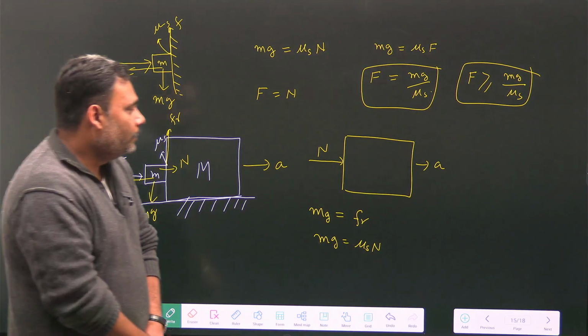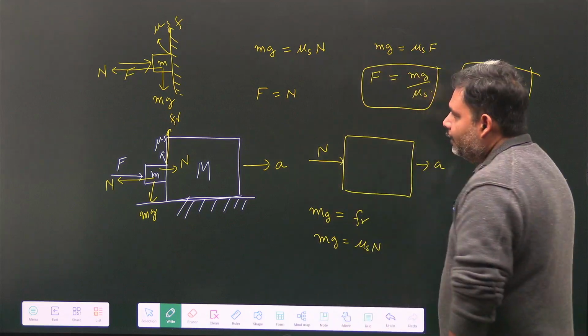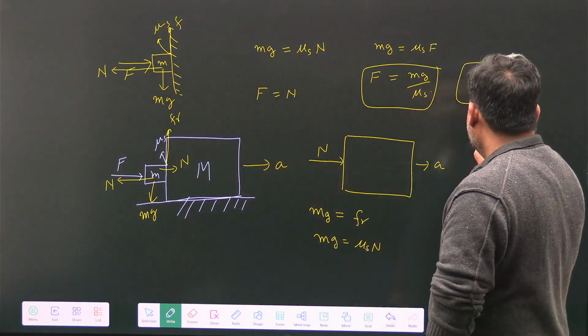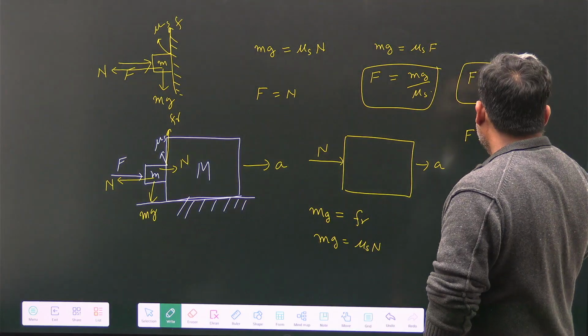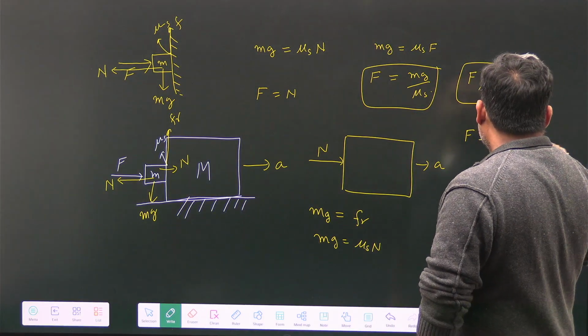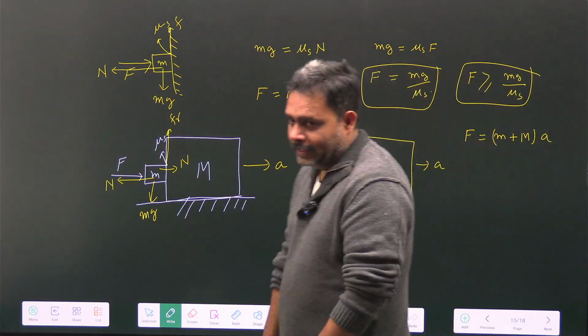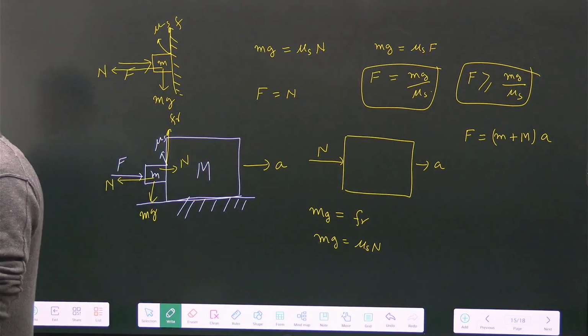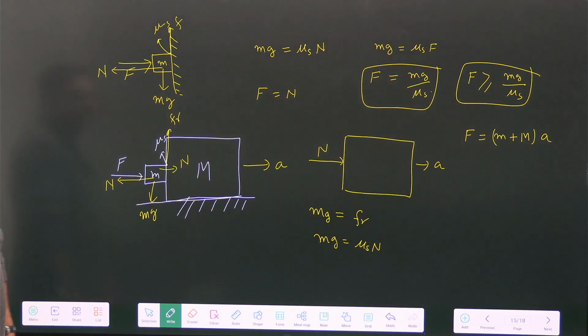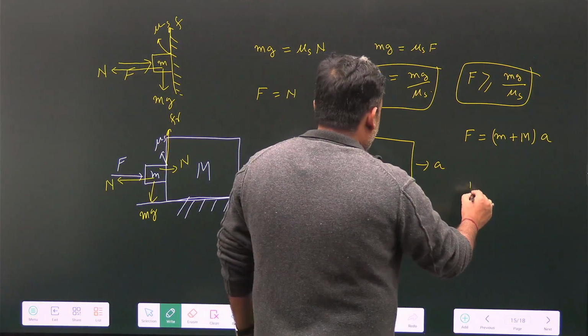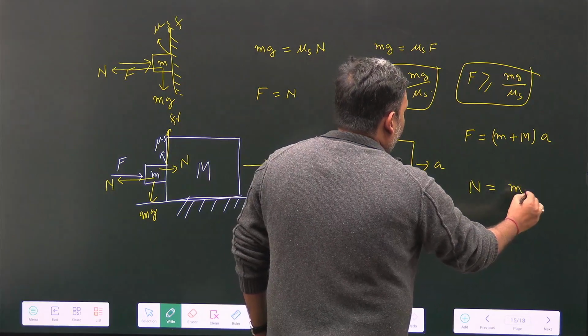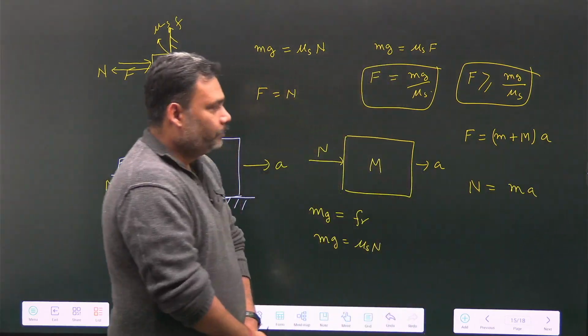From there we can find it. Here F is equal to (m plus capital M) into a. Agreed? And from there we can find the normal force. So here N is equal to M into a, isn't it?